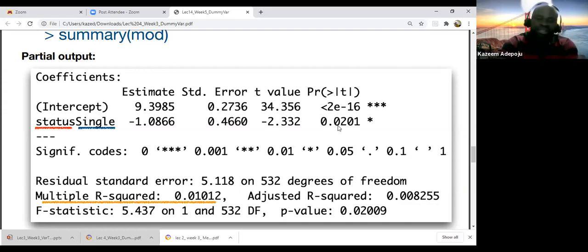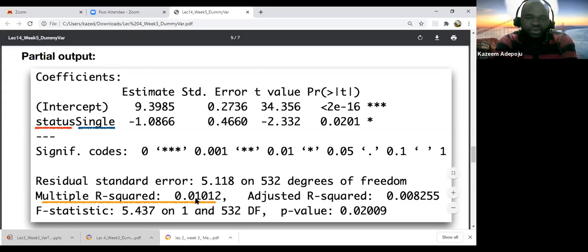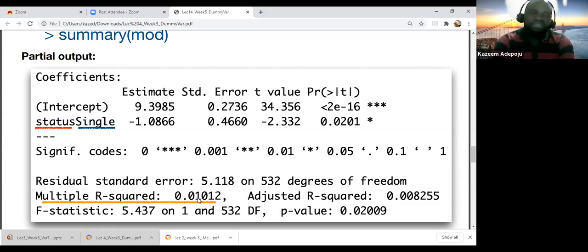But there's another thing I want you to see. Look at the R squared. What do you notice in the R square here? The R square is very, very small. When the R square is small like that, it means you've got a poor model, because I told you the other time that R squared determines the degree of adequacy of a model.